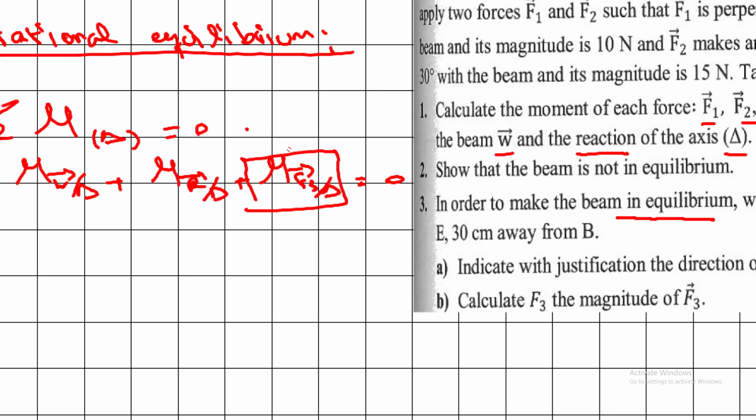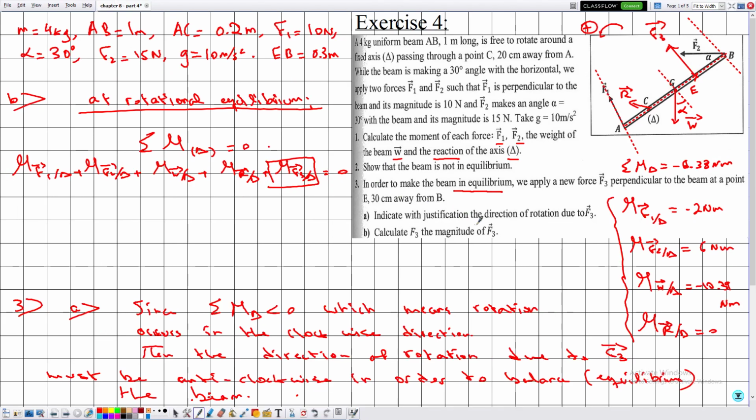If we are able to calculate the value of this moment, then we can directly deduce the value of F3. Now these, no need to calculate again because nothing changed, and this is pre-calculated, and this is given by minus 6.38 plus the moment of F3 around delta.